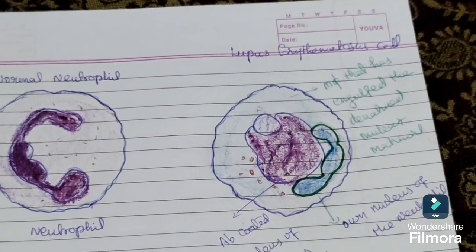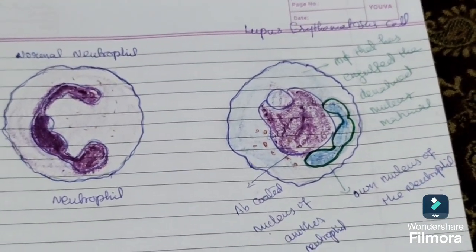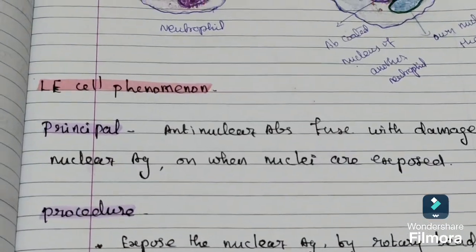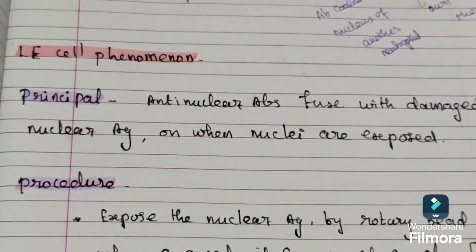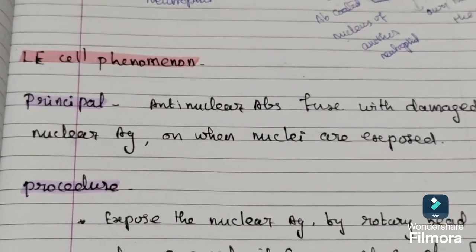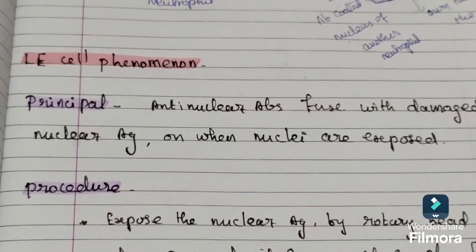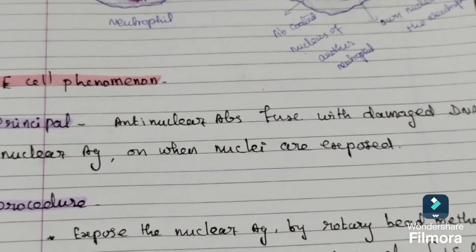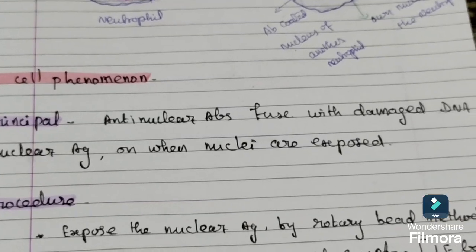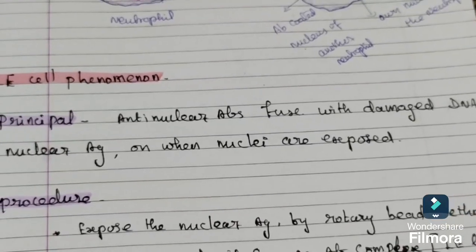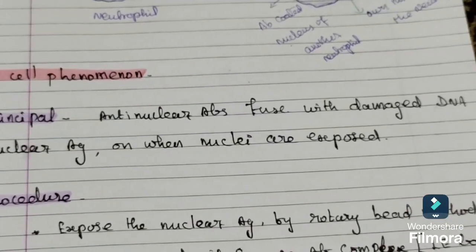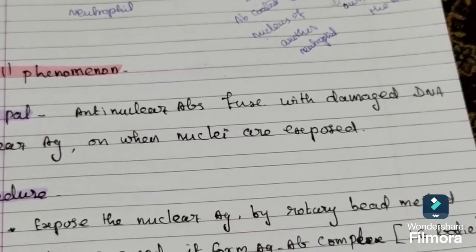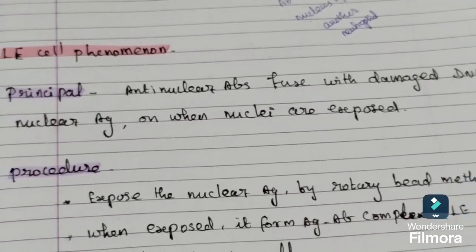Now coming to the LE cell phenomenon. The principle behind this phenomenon is that anti-nuclear antibody fuses with damaged DNA nuclear antigen.